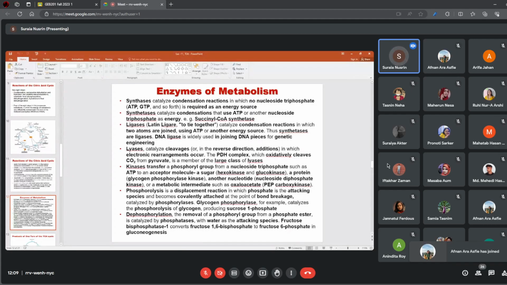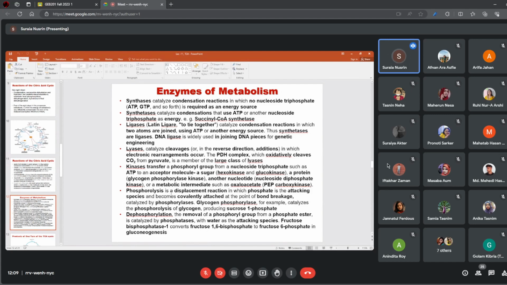The best example is the pyruvate dehydrogenase complex, if you remember, which catalyzes the reaction where pyruvate is converted into acetyl CoA and carbon dioxide. So this is the best example of the enzyme lyase. That means pyruvate is degraded and we get acetyl CoA and carbon dioxide.